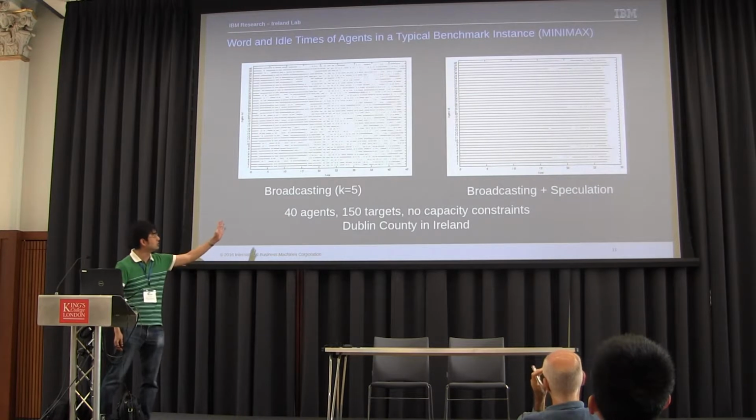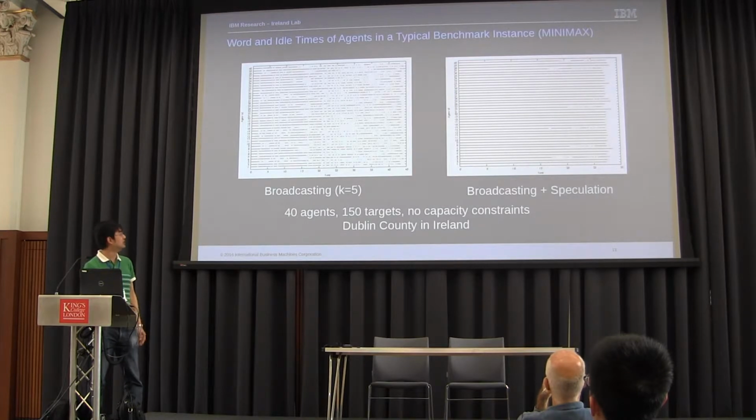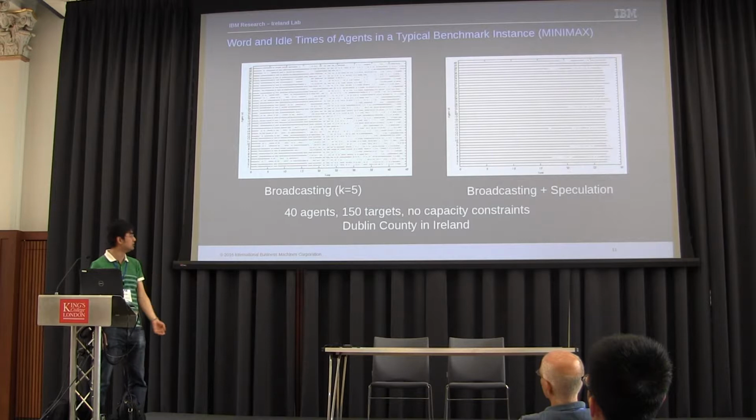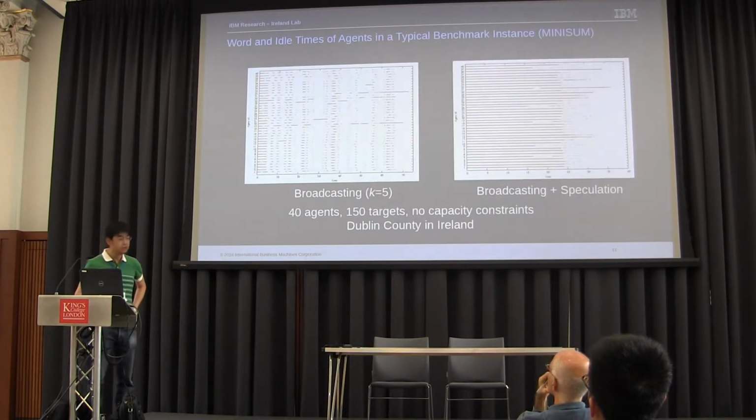Most of the agents are, I think, 85%. The number is pretty big. But the agents start by their own even if they don't have anything to give. But this is the case for minimums.